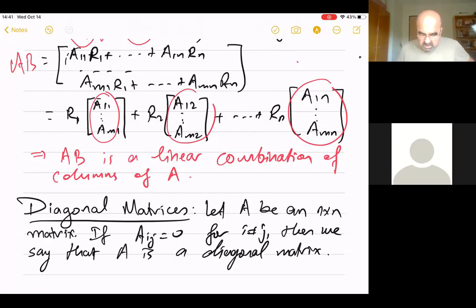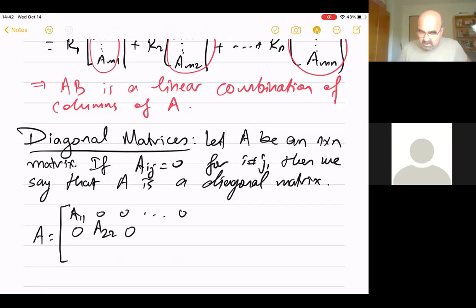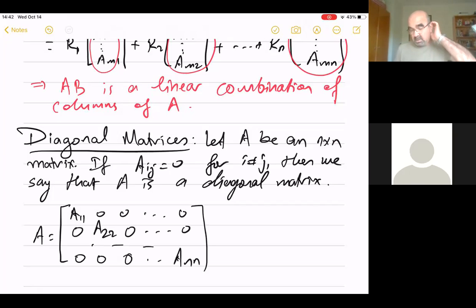So what's a diagonal matrix? A11 is possible, but A12, where 1 is different from 2, the second entry is 0, the third entry is 0, etc. Here A21 is 0 because i is not equal to j, and A22, etc. And finally ANN is here, and all the entries other than the main diagonal are 0.